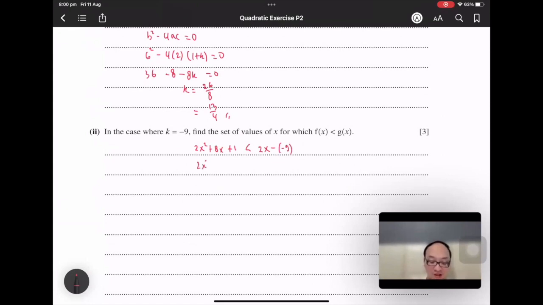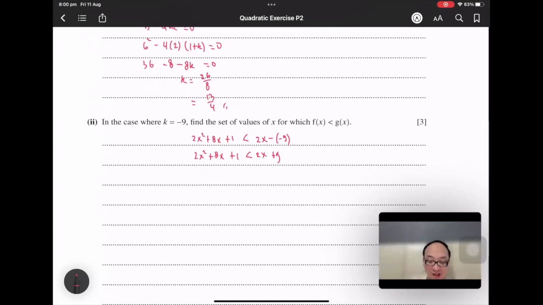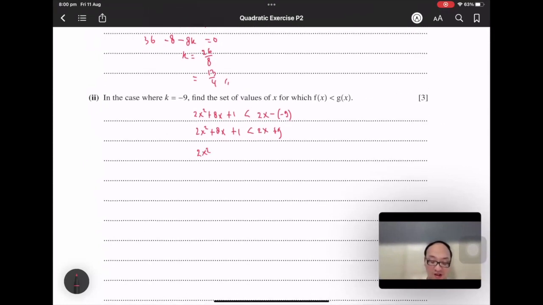So 2x squared plus 8x plus 1 is smaller than 2x plus 9. So this is 2x squared plus 6x minus 8 smaller than 0.